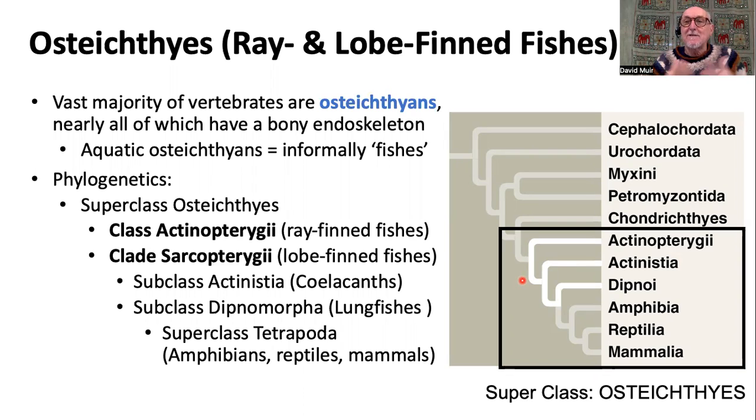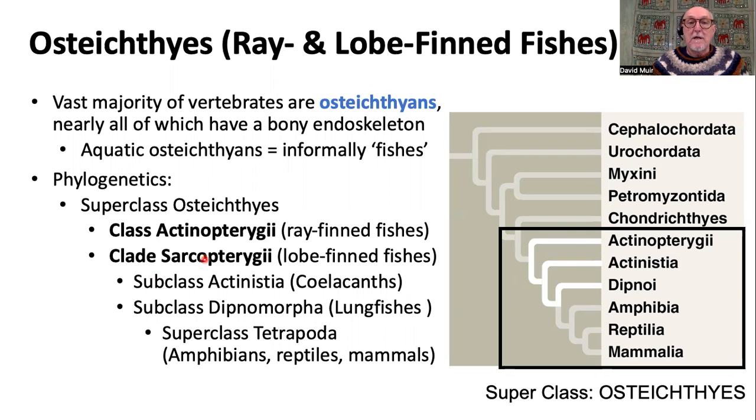So what we refer to as the fish are actually the aquatic Osteichthyes, and they are divided into two broad groups: the class Actinopterygia, which are the ray-finned fish, the most familiar to us, and then this very important clade called the Sarcopterygia, the lobe-finned fishes.